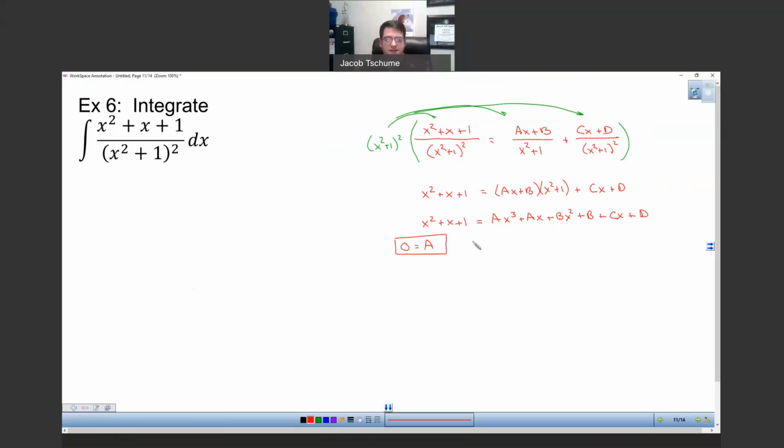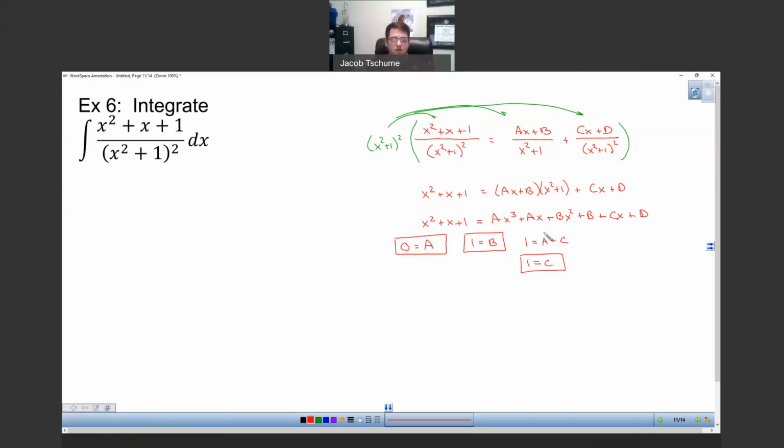X squared on the left has a constant of 1. X squared on the right, there's only a b. So this is coming out really nice. I know that b has to equal 1. For your x terms, there's a 1 on the left. And on the right, there is an a plus c. But remember, we already know that a must be 0. So by default, I know that c has to equal 1.